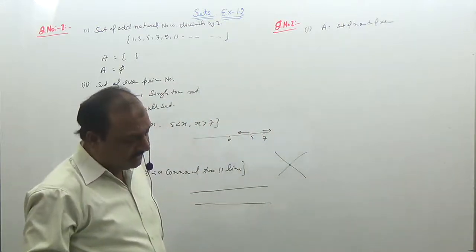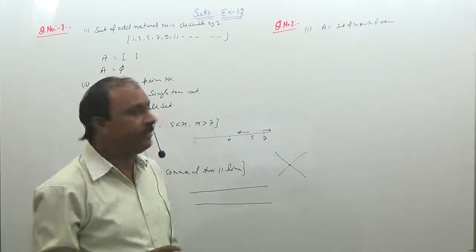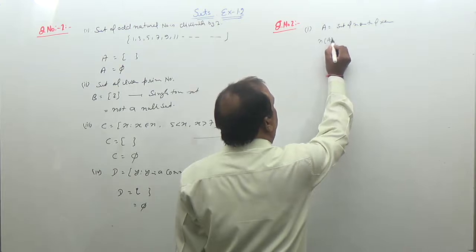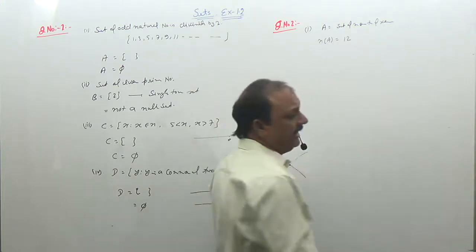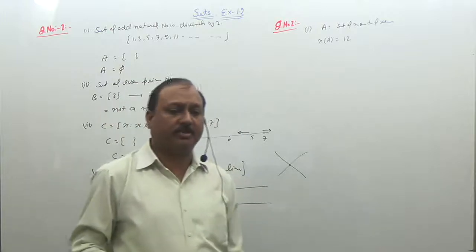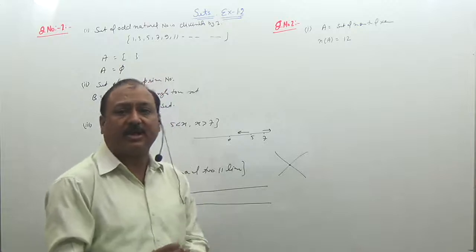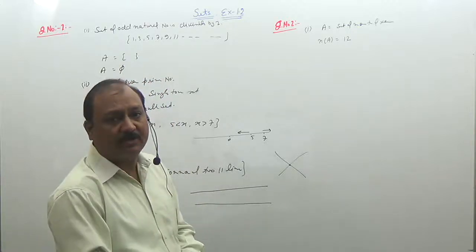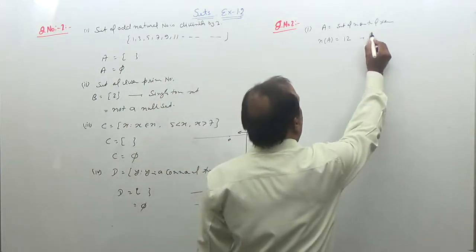So we can say that the number of elements of this set is 12. And n(A) means cardinal number. Cardinal number means the number of elements, because we know that a year contains 12 months. So this set contains 12 elements, so these elements are counted. So this one is called a finite set.